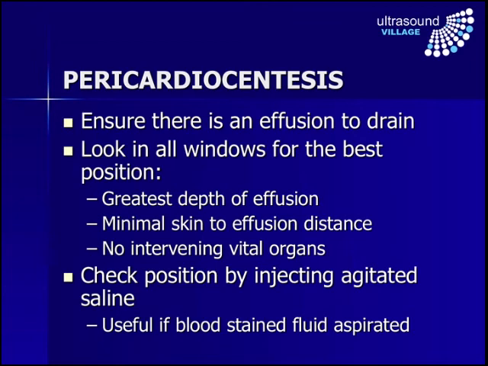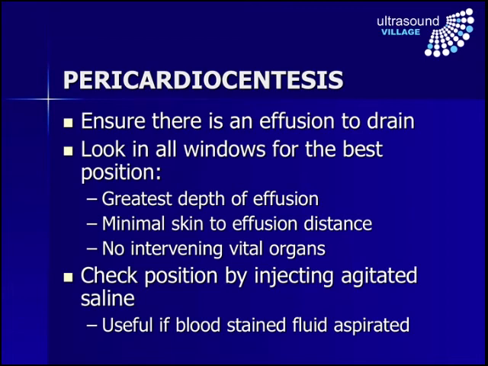Move all around the chest until you find a point where you have a good depth of the effusion, a small distance between the skin and the effusion, and no intervening vital organs. You can also use echo to assist as you put the needle in.